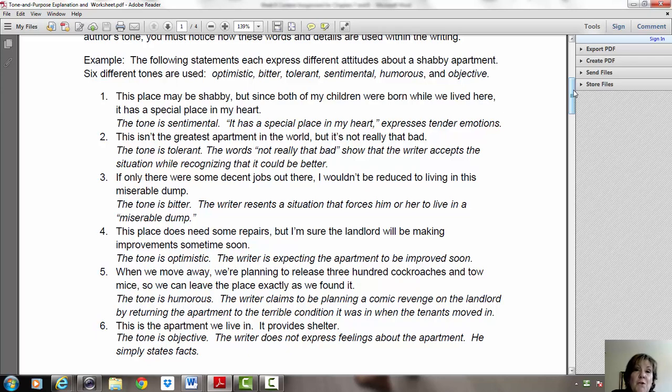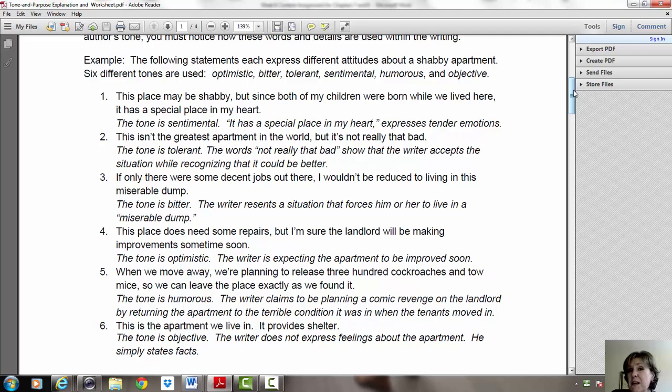So that's how you can determine the tone. You select the words the author uses and how he uses them. Are they facts? Can they be proven? Or is it more of a subjective, emotional? And if it's emotional, then determine what kind of emotion.